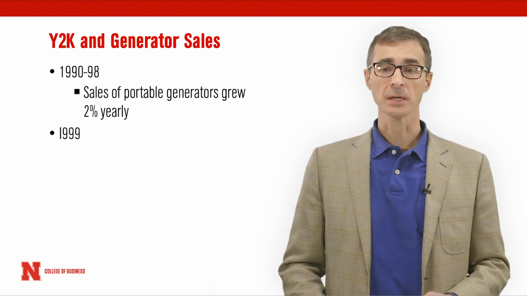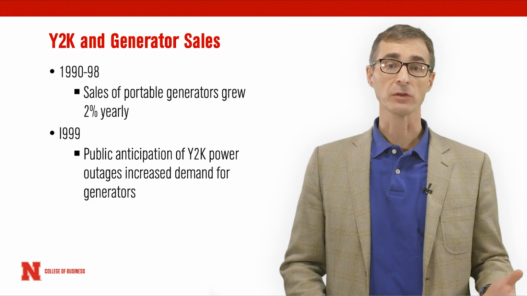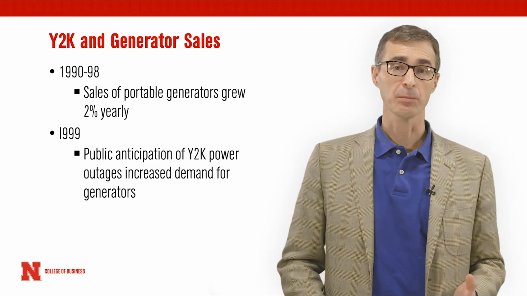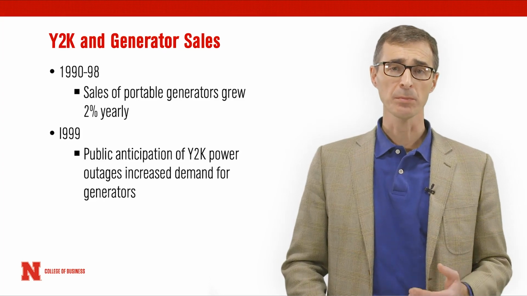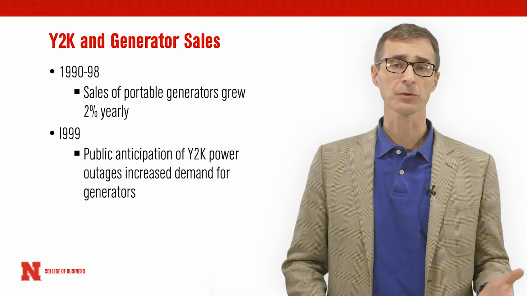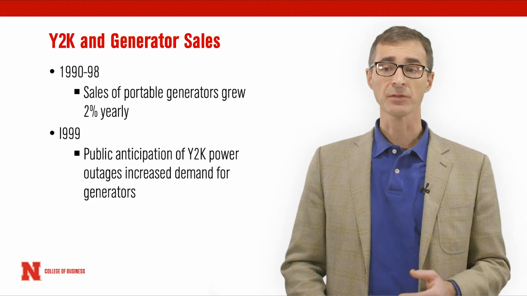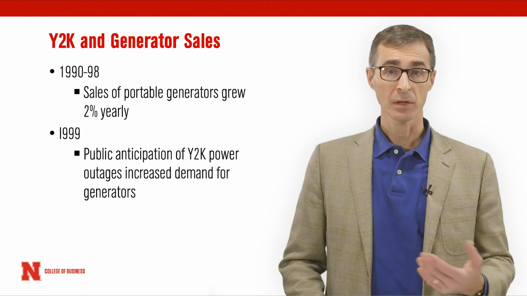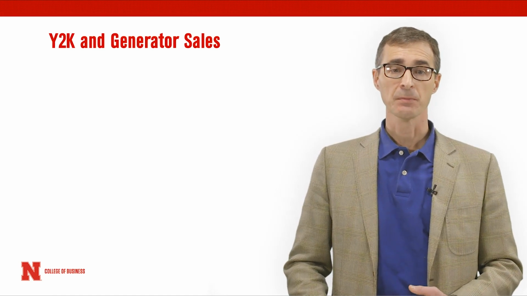And then in 1999, as widespread fear of a Y2K power outage spread across the nation, demand for portable power generators skyrocketed. One portable generator firm, Walters, Rosenberg and Matthews, WRM for short, decided to invest to increase their capacity and their production ability in anticipation of this increase in demand.